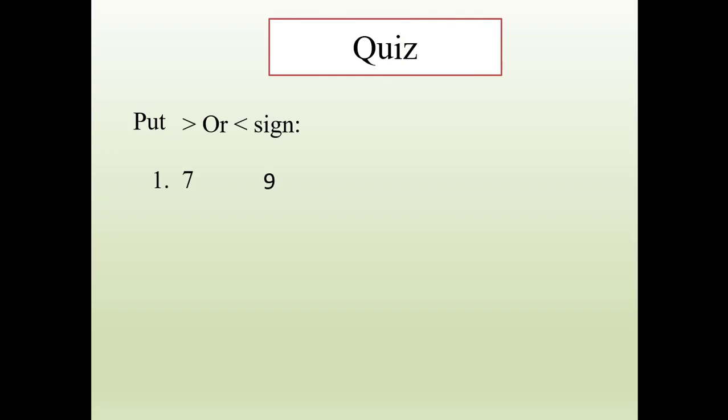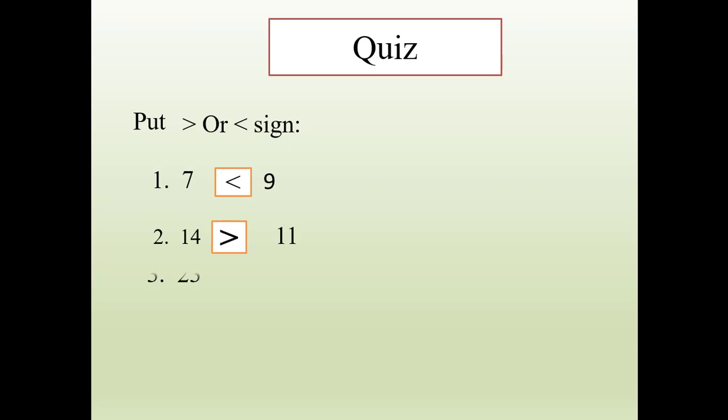It's quiz time. Put the appropriate sign. Number 1, 7 and 9. So tell me the answer. Which sign? Let's see the answer. Yes, less than sign. And number 2, 14 and 11. 14 is bigger than 11, so greater than.